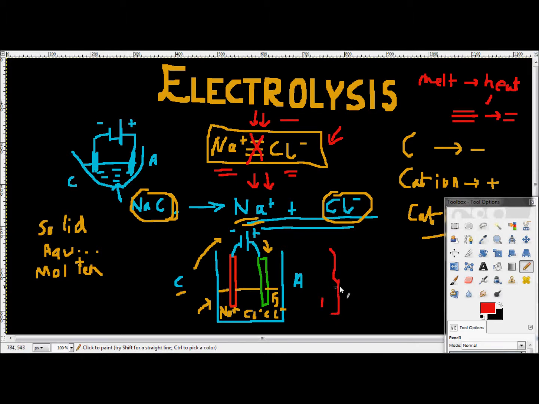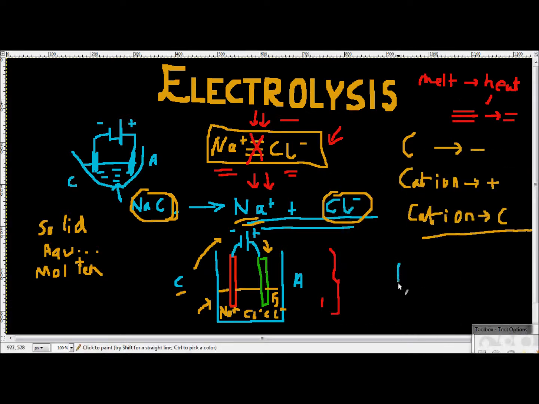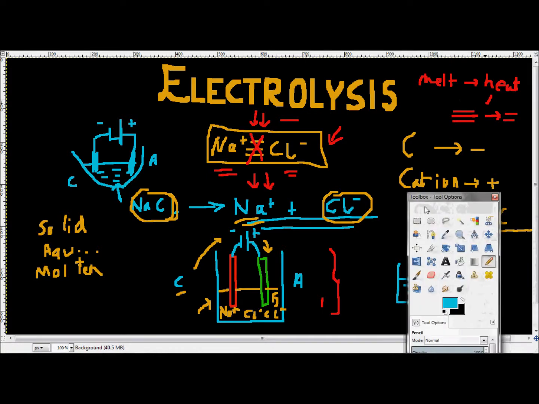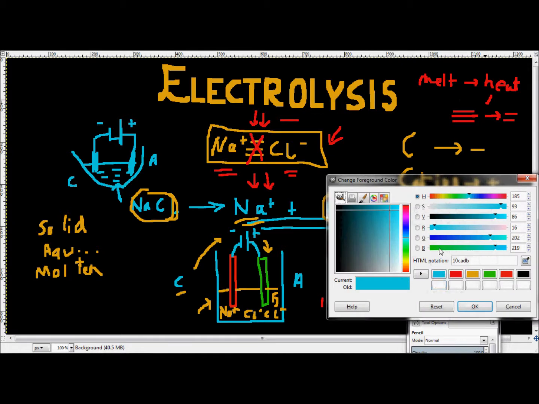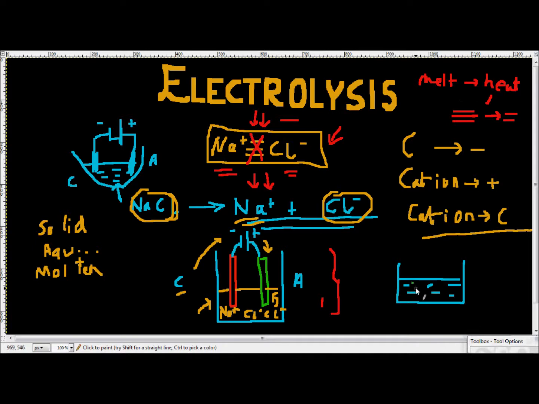Now in aqueous sodium chloride, the word aqueous, I'm just going to change color again. Aqueous means that the compound is dissolved in water. So you have water over here, and aqueous NaCl would be that, just suppose that these green dots are NaCl and you put them in and they dissolve to form some solution.